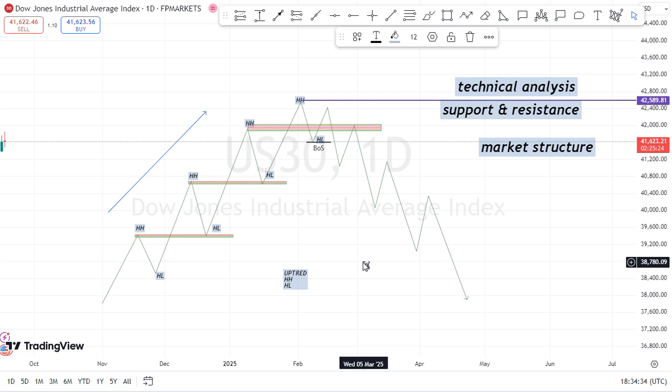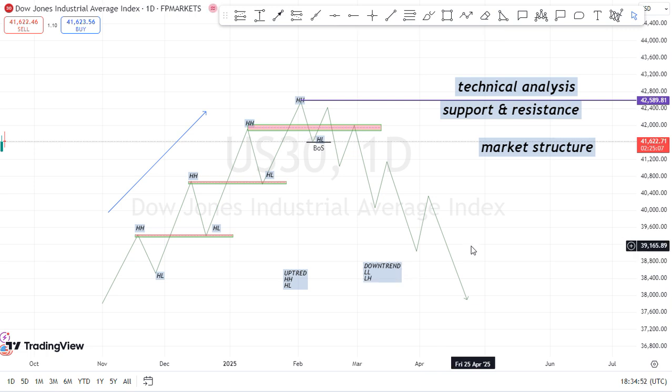Lower low and lower high. Things have changed now. The trend has changed. We are no more bullish, but we are bearish. Now we are selling. It's a downtrend now. Why is it a downtrend? Because we failed to break the previous high, and we came to break the previous higher low to create a lower low.